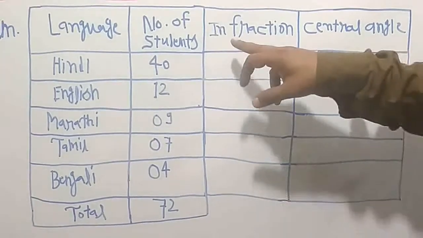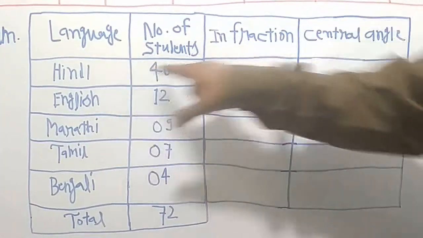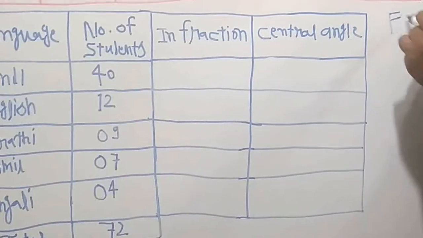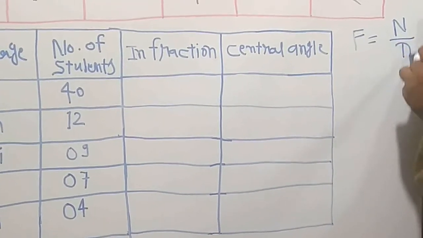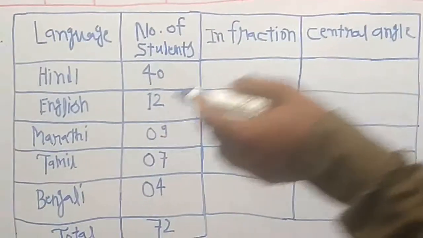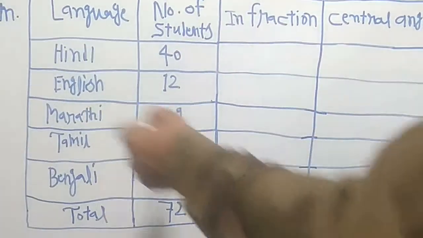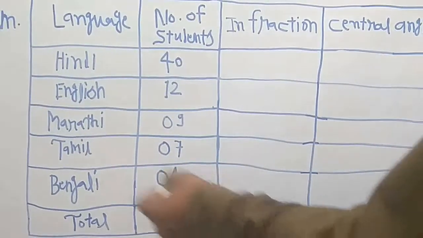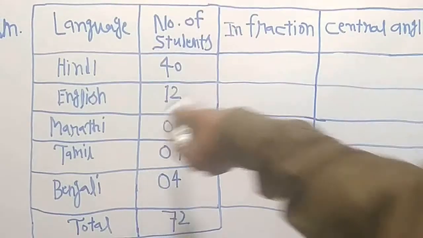Now we calculate the fraction for each language: numerator upon denominator. The numerator is 40 for Hindi, 12 for English, 9 for Marathi, 7 for Tamil, 4 for Bengali, and the denominator is 72 for all these languages.